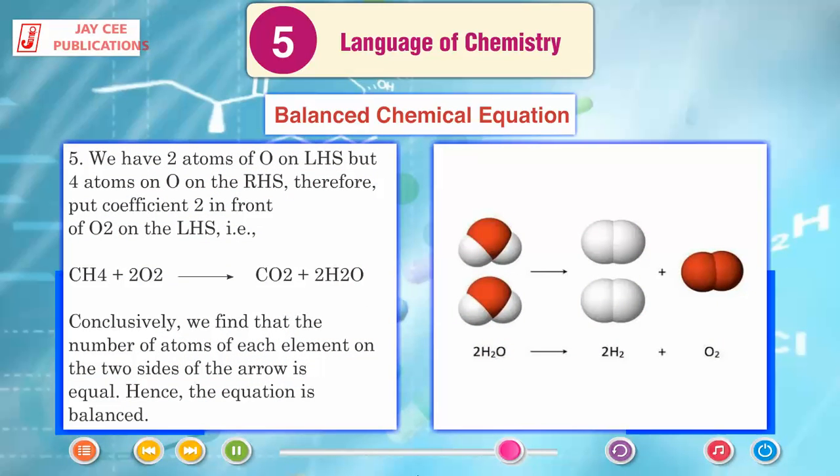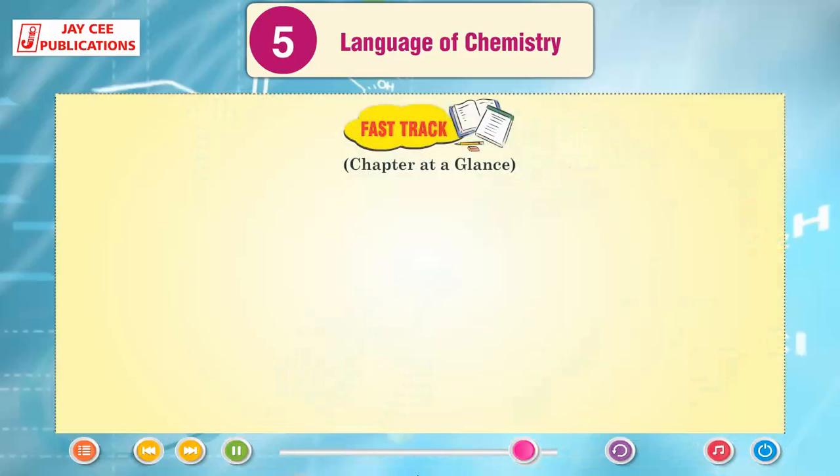We have 2 atoms of O on the LHS but 4 atoms of O on the RHS. Therefore put coefficient 2 in front of O2 on the LHS, that is CH4 + 2O2 → CO2 + 2H2O. Conclusively, we find that the number of atoms of each element on the two sides of the arrow is equal. Hence the equation is balanced.